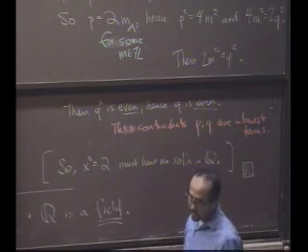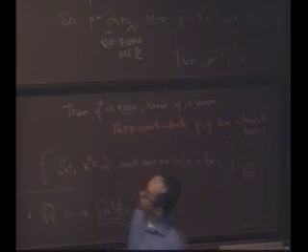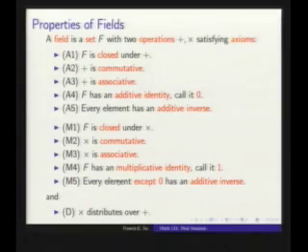But the idea is a field is a set with two operations. The operations are traditionally denoted by plus and times, and you'll notice there are 5 properties for addition that mimic the 5 properties for multiplication. Okay? Closed, you'll see the actual definition in your book. Property being closed means if you add 2 things, you're still in the set.